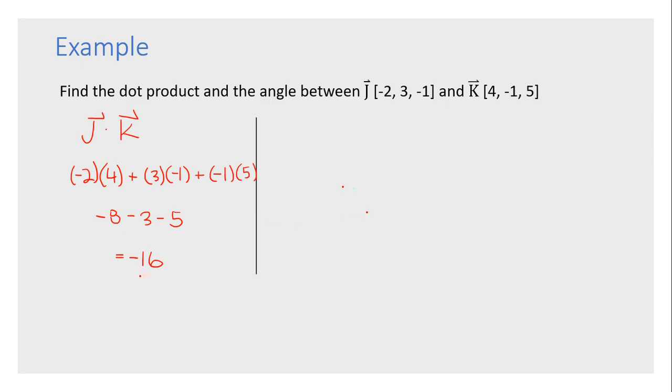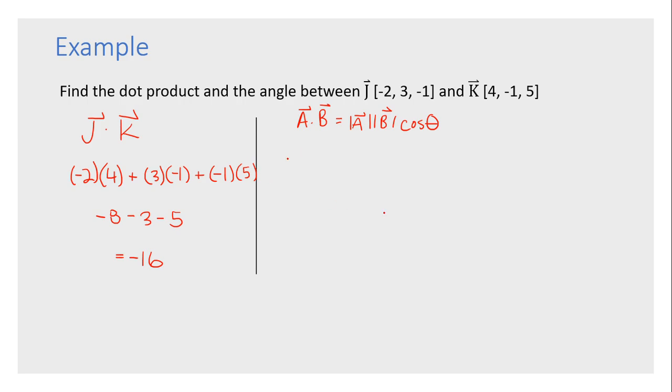Okay, so if we want to get the angle between j and k, we're going to take that original formula that said the dot product between two vectors is equal to the magnitude of the vectors multiplied by the cosine of the angle between them. And we're just going to rearrange.